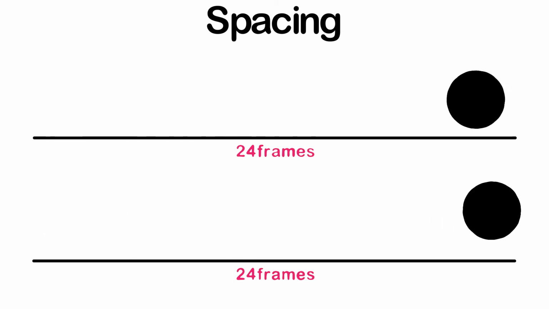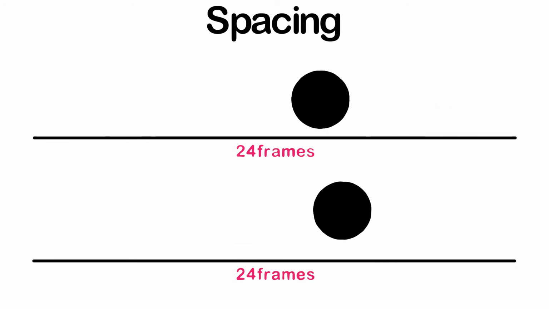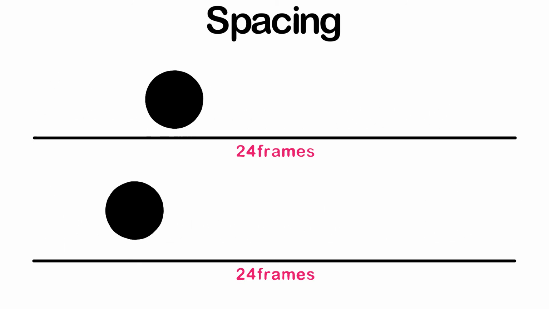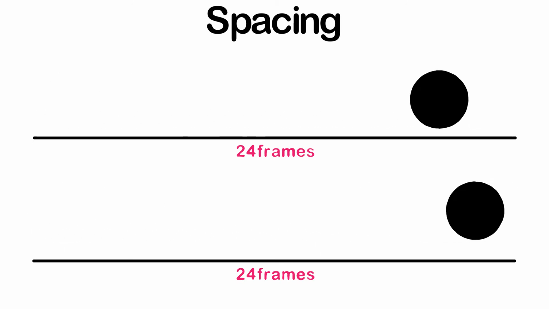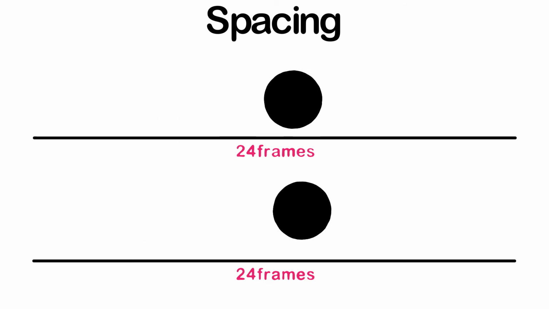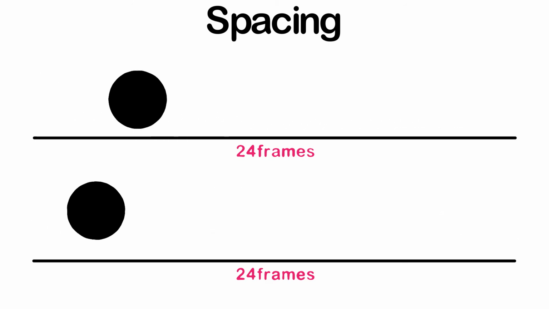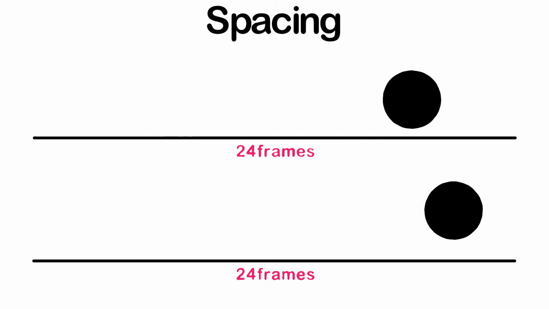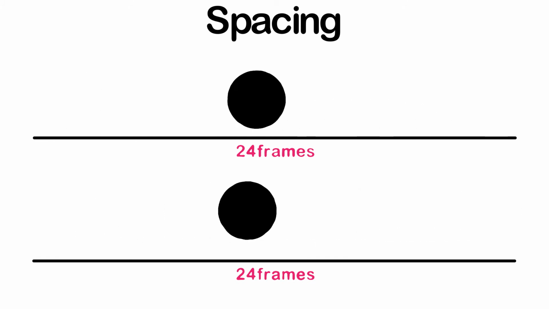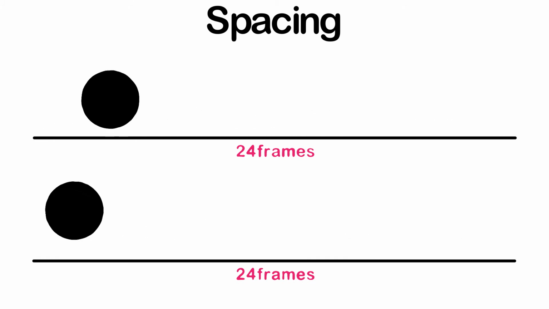Now, in both cases, the animation is taking 1 second. Even though each animation starts and ends at the same time, even hitting the midpoint at the same time, each has a different feel to it.